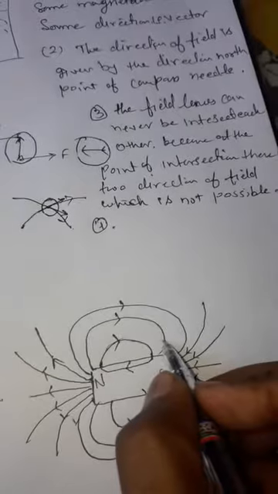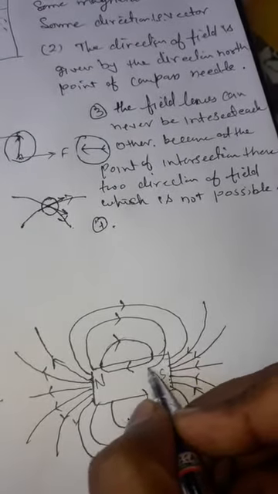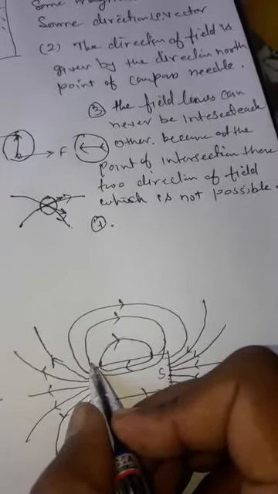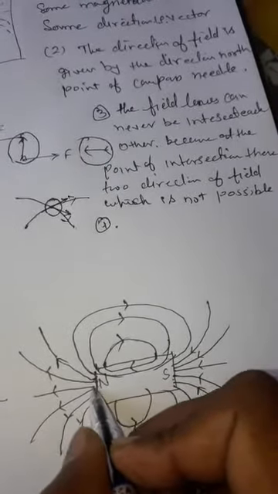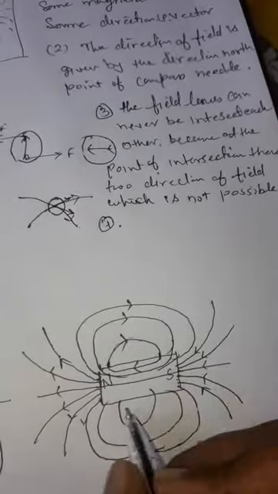Similarly, if we consider this line, it is also passing through the magnet like this, and similarly the next line, as shown.